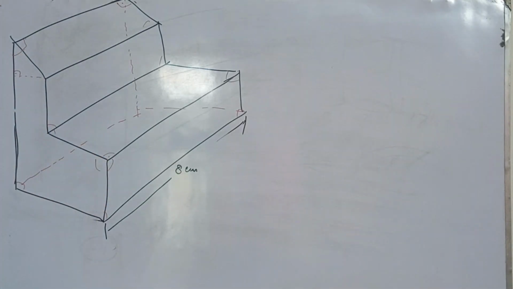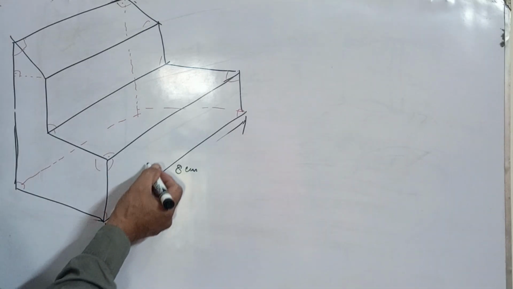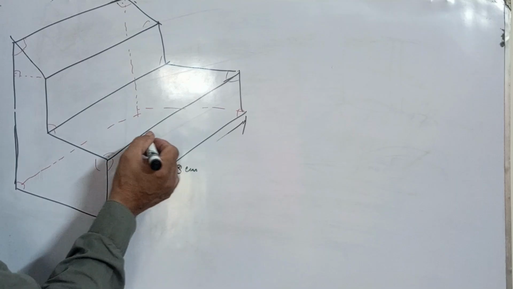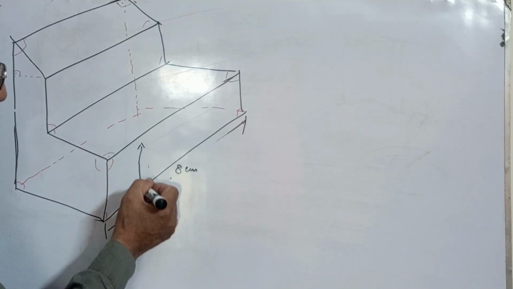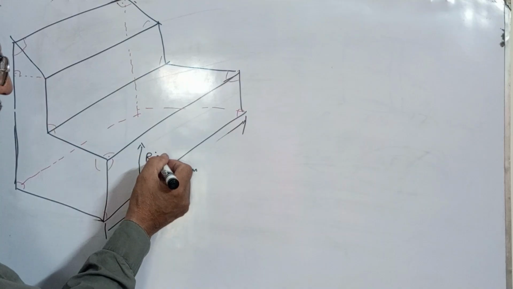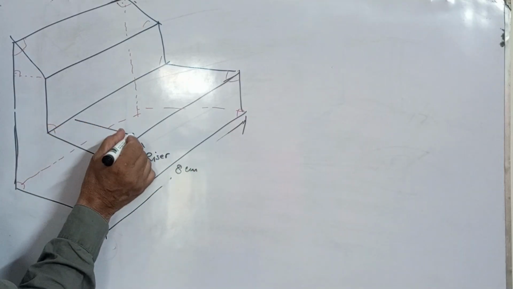When you count the step, the dimension of the step is always counted in two terms, that is landing and riser. So this is the landing, this is the riser, this is called riser, and this is called landing.